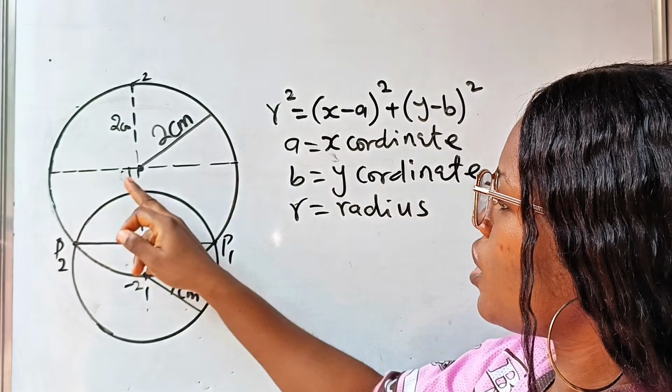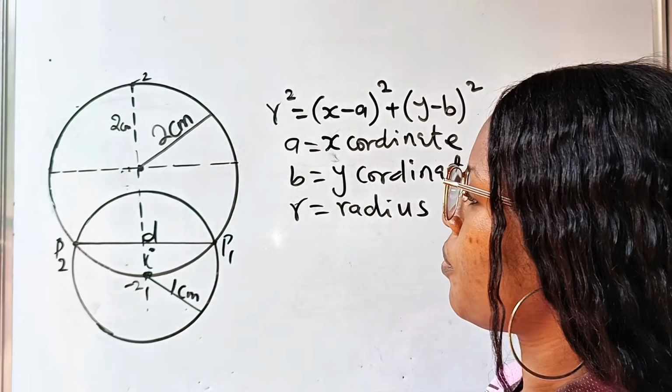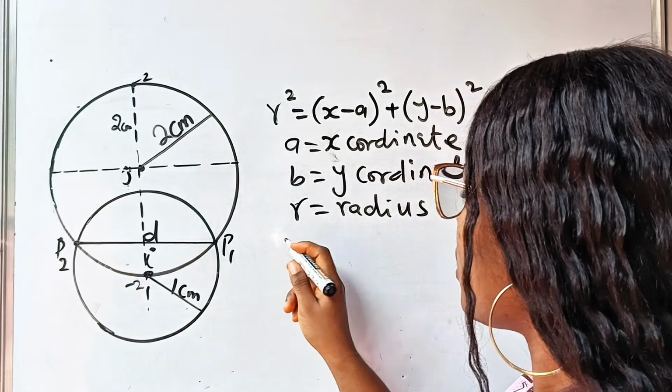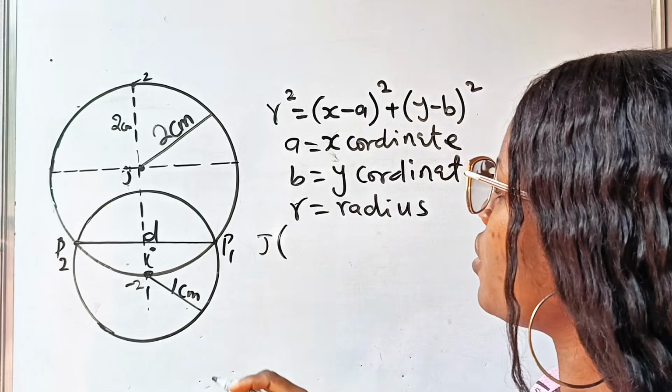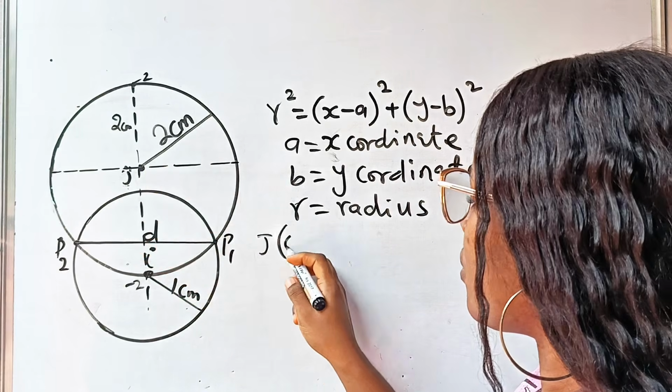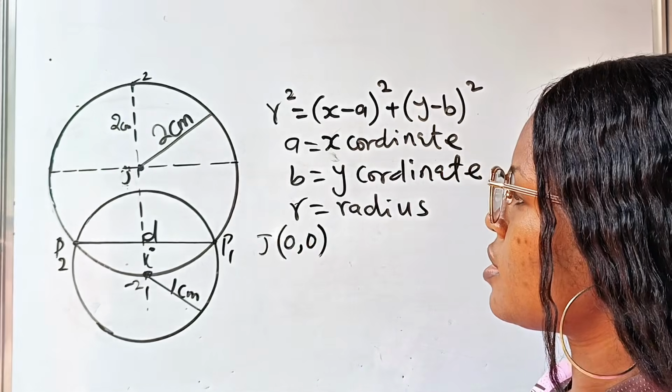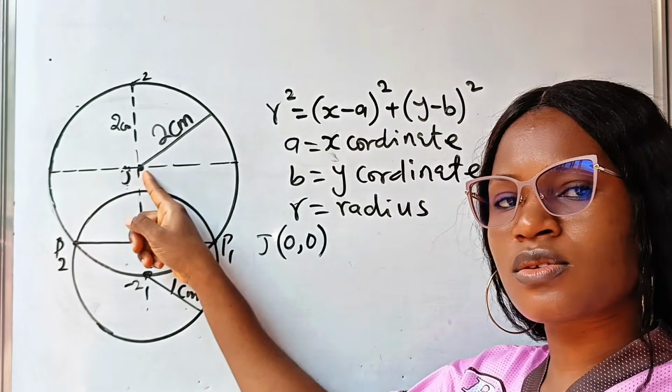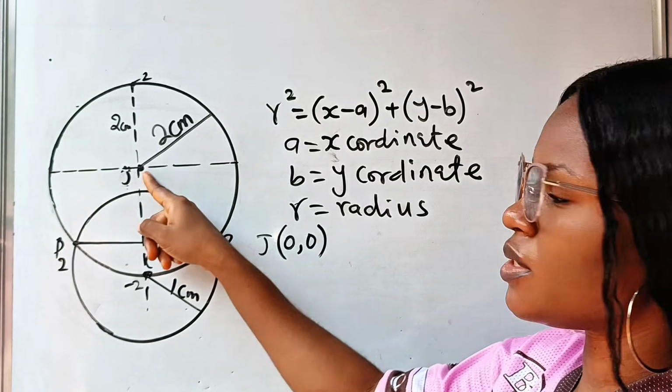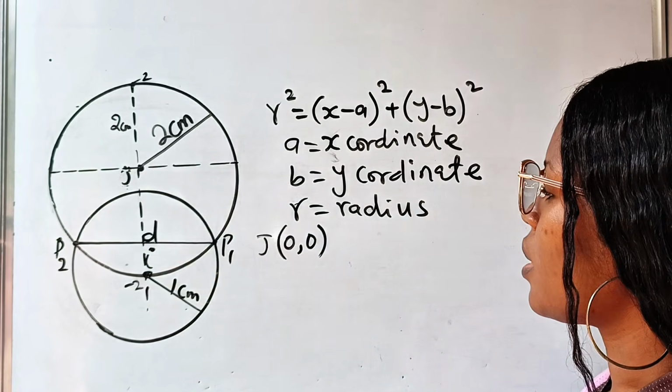Now for the coordinate of J, J is going to be (0, 0), because our x coordinate is 0 and our y coordinate is 0.